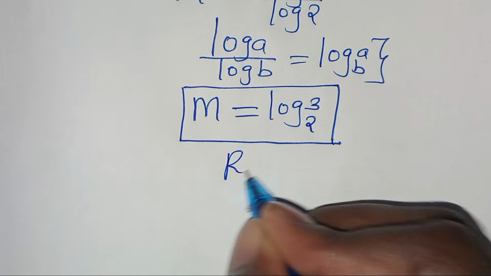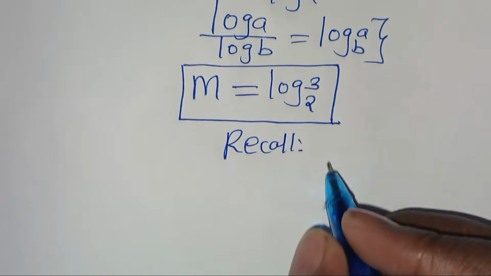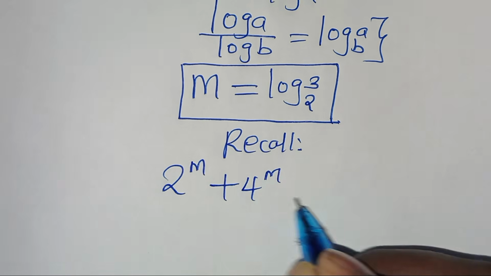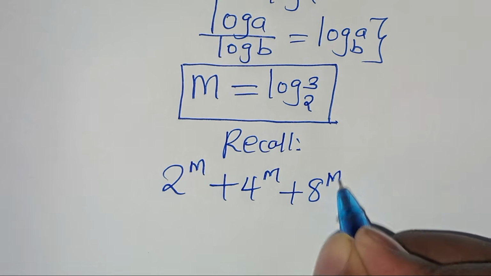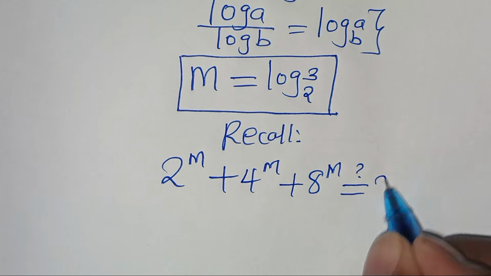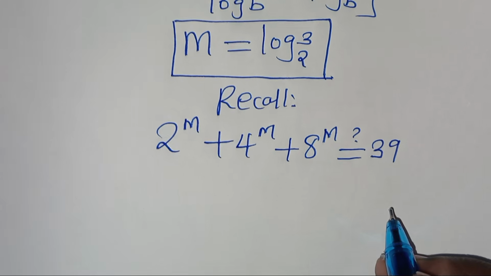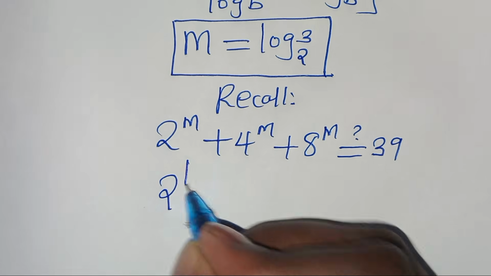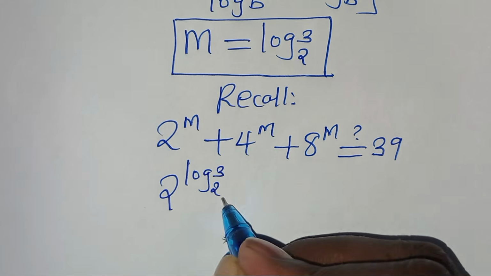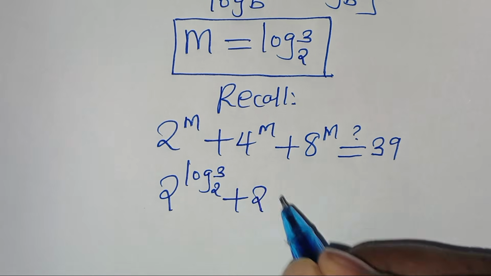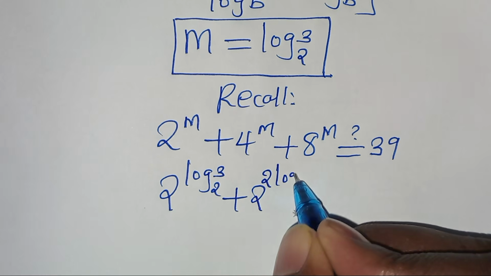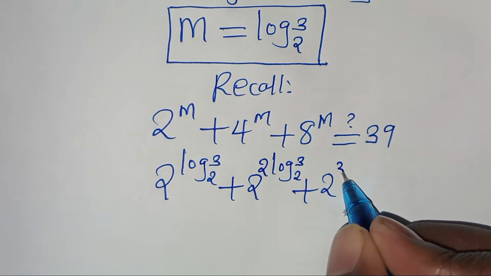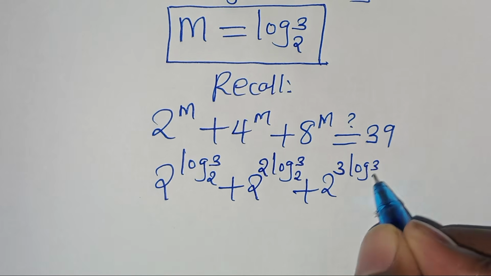Now, if you recall, we have 2 to the power of m plus 4 to the power of m plus 8 to the power of m. This should give us a value of 39. Let's substitute m, which is log 3 to base 2. So we have 2 raised to the power of log 3 to base 2, then plus 4, which is 2 to the power of 2, then log 3 to base 2, then plus 8, which is 2 to the power of 3, multiplied by log 3 to base 2.